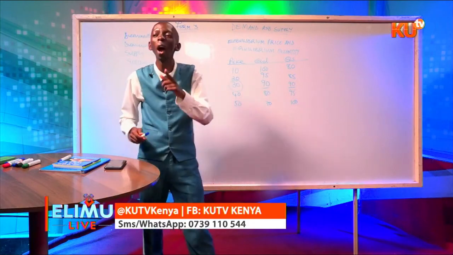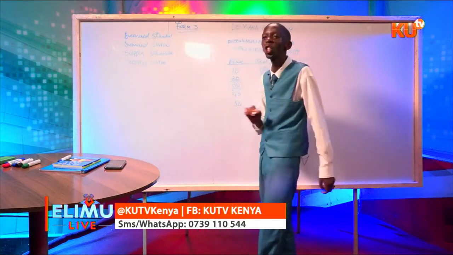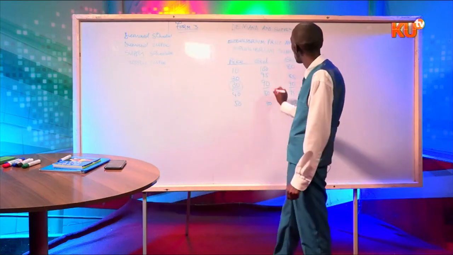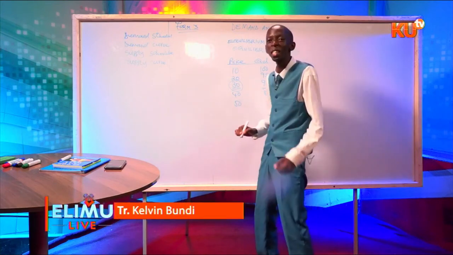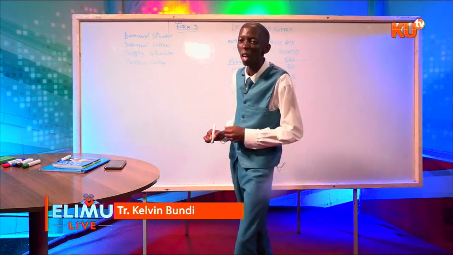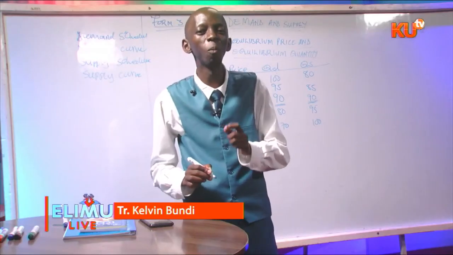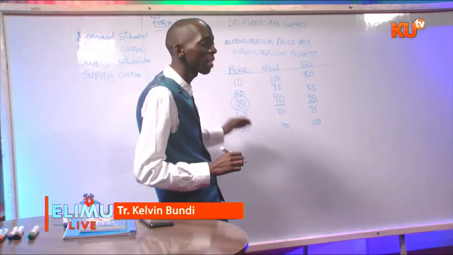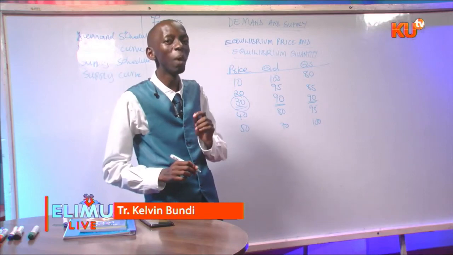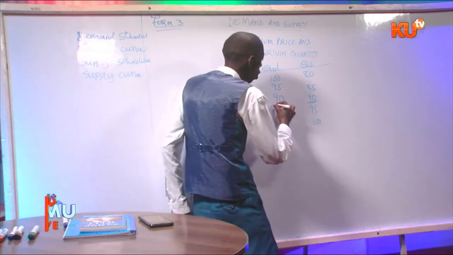But there is one price, 30 shillings, where the quantity demanded equals the quantity supplied. Therefore, 30 shillings is the equilibrium price. Why? Because it is the price at which the demand equates to the supply, at a quantity of 90.